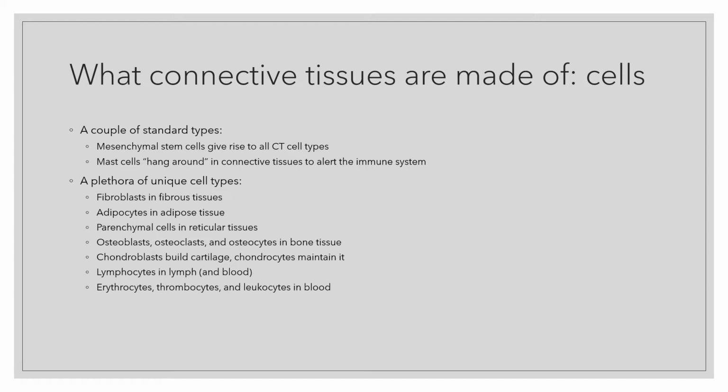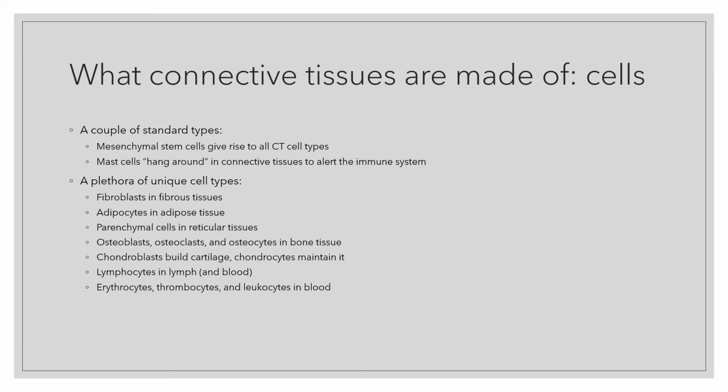These are blast cells because their job is to divide and produce fibers to actively build tissues in the case of connective tissue damage. Connective tissues have a limited ability to self-repair, but they can, in most cases, self-repair through the action of these fibroblasts.